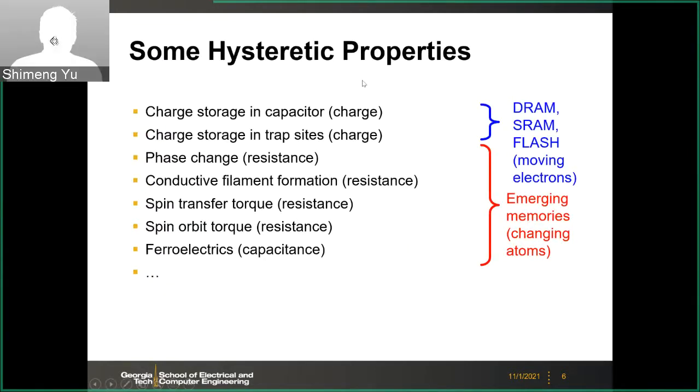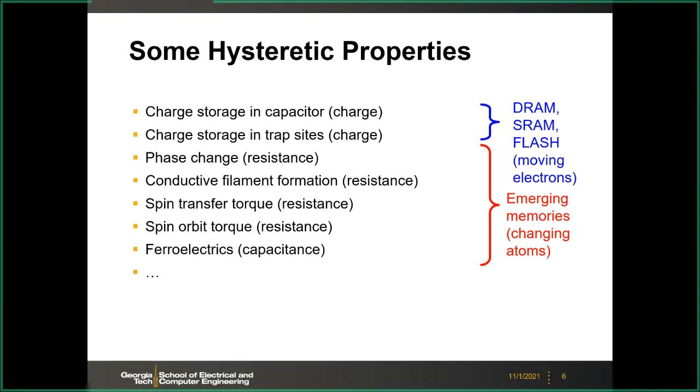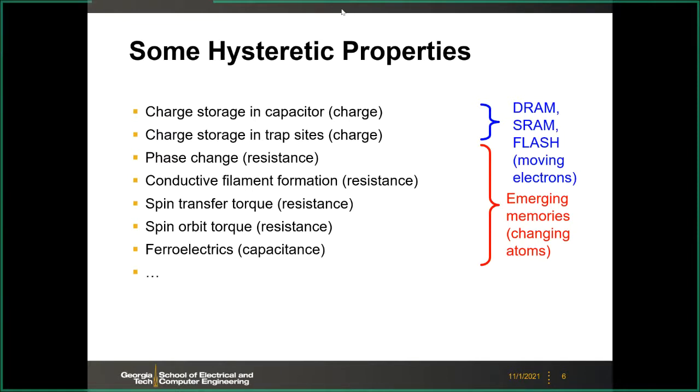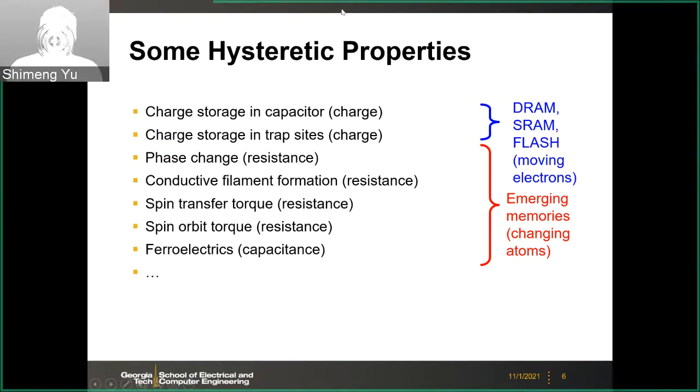If you want to make a memory, what you need is really a hysteresis in the device property. So you want at least 2 levels in the hysteresis loop. If you look at the basic mechanisms to make a memory, you can first categorize them into the charge storage mechanism.